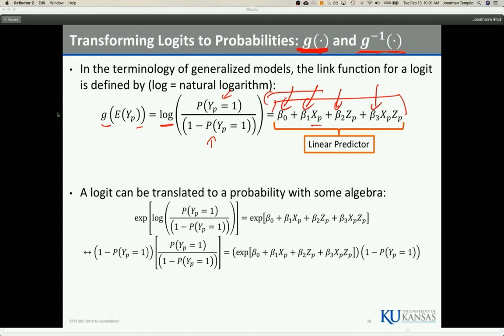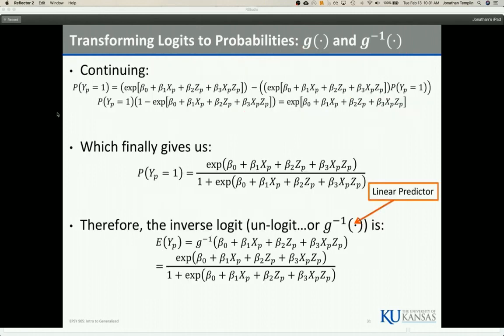But anything that we have as a logit, if we form a predicted value, essentially a y hat, we can transform back into a probability. The algebra for it is there, but how we do that is down at the bottom, this inverse link. So the expected value, our predicted value, is some inverse link of a function of the linear predictor.